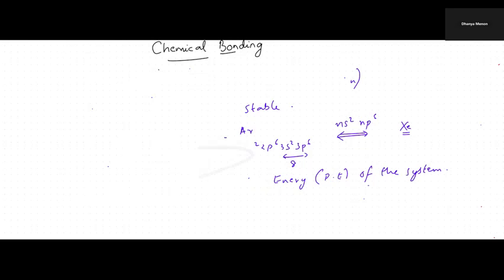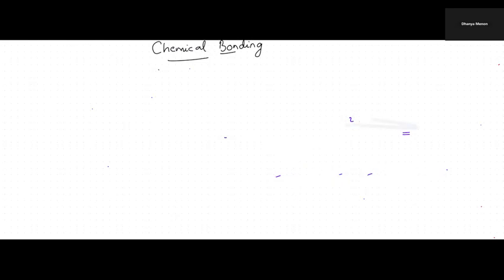Ionic, from the name ionic. The first type of bond that we are going to learn is ionic bond, which is also called electrovalent bond.